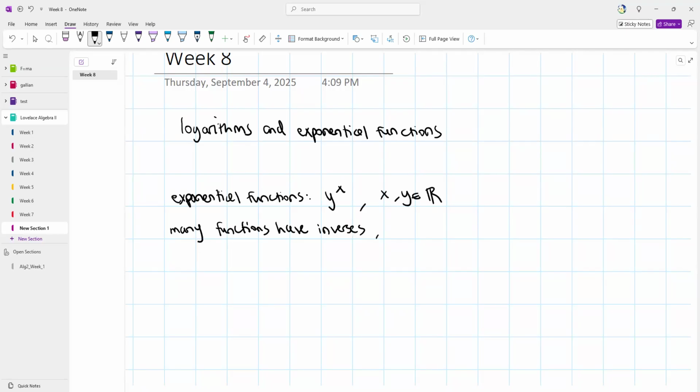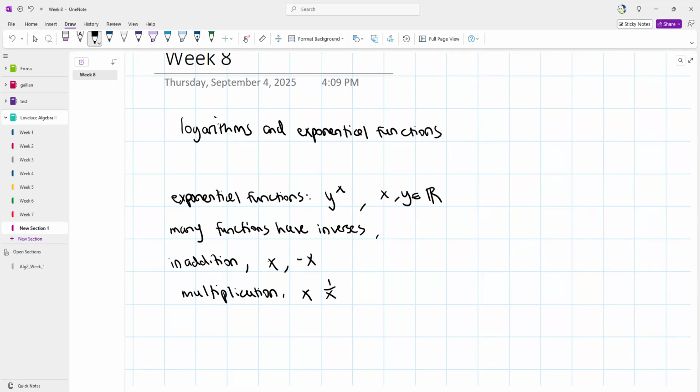So for example, in addition, you have x and y, so you have x and negative x. In multiplication, x and 1 over x.